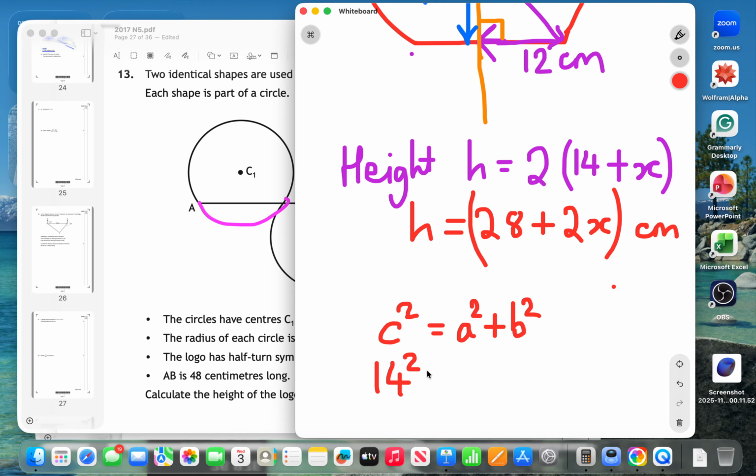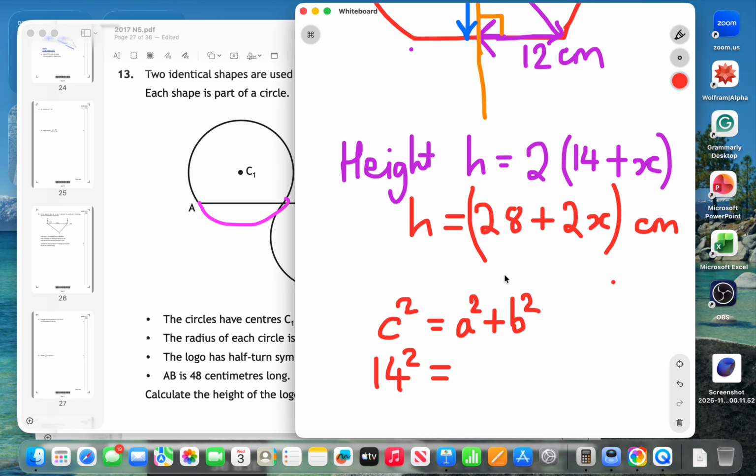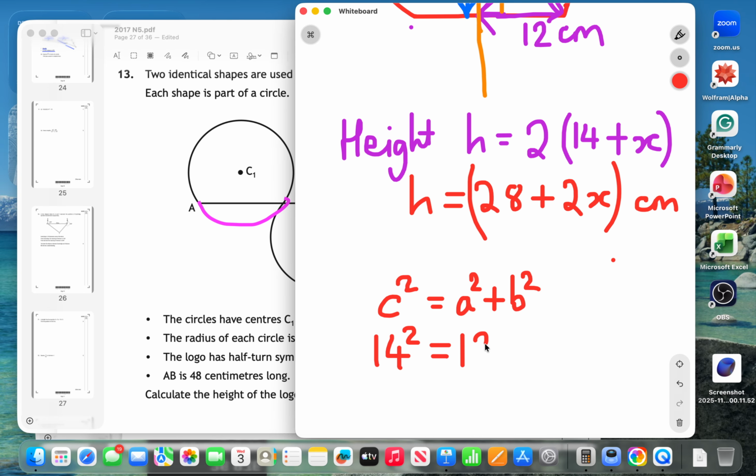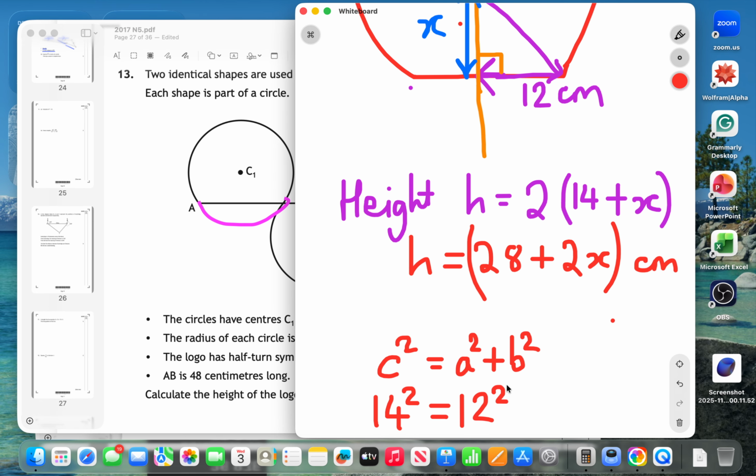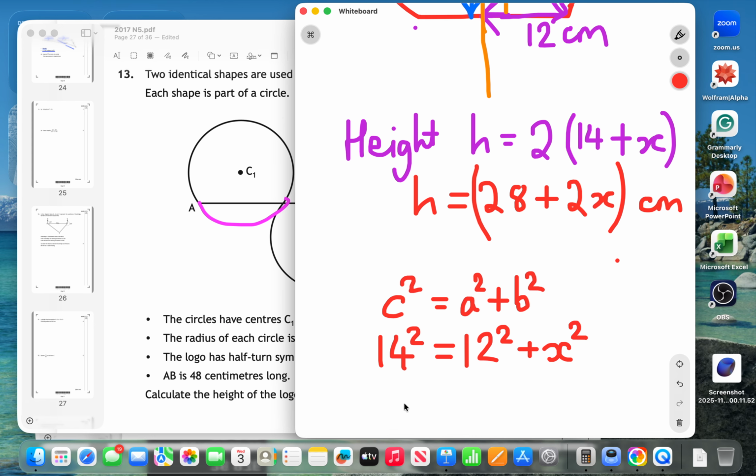That's 14 squared equals, and we have A is 12 and B is x. Although you could make A x, the point is x has to be one of the smaller sides, so that's A or B. You plug that into the calculator and find a value of x squared.